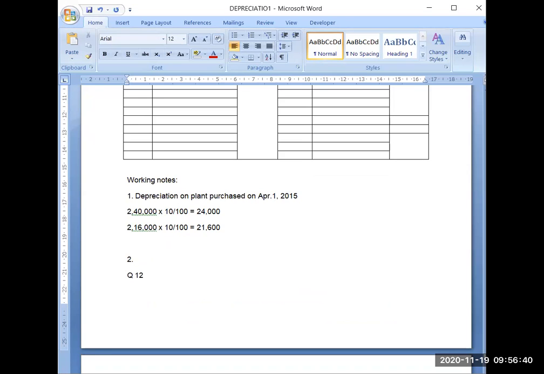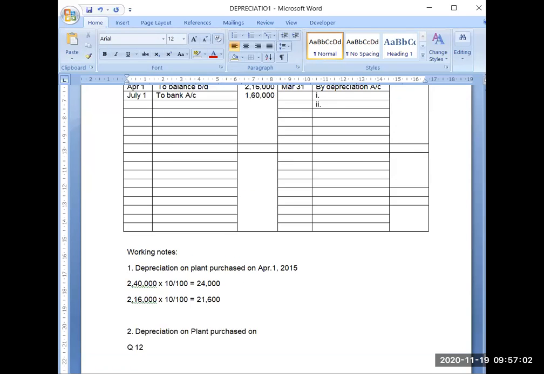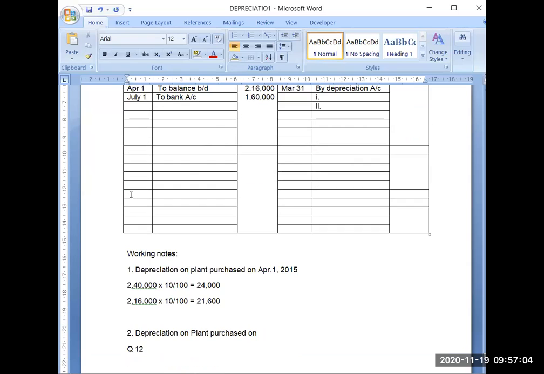The new plant has been purchased. Depreciation on plant purchased on July 1, 2016. Cost is 1,60,000.